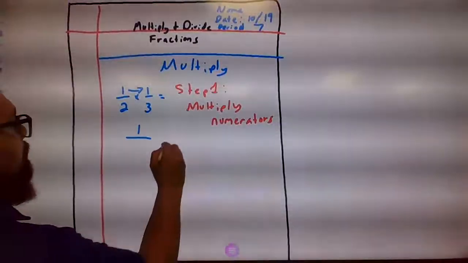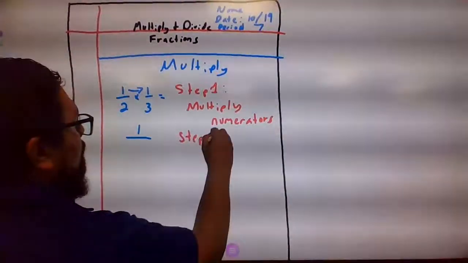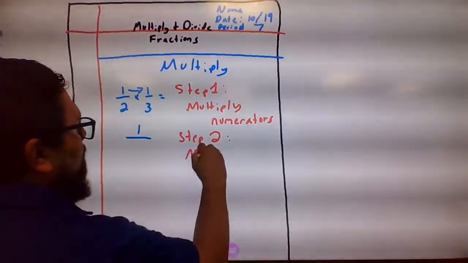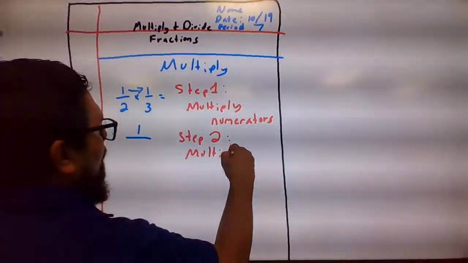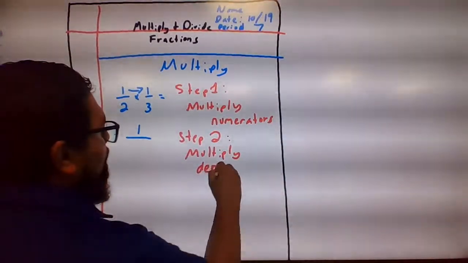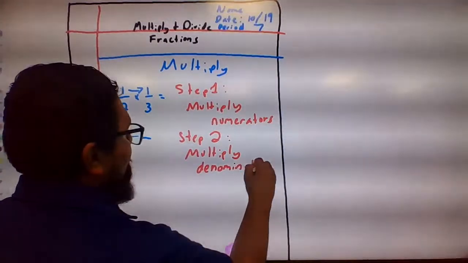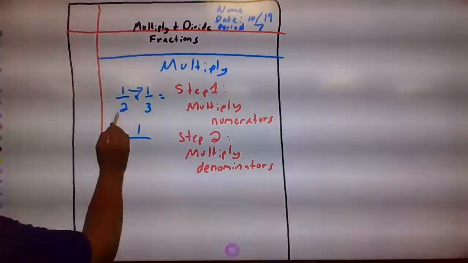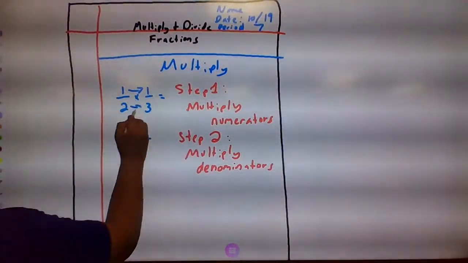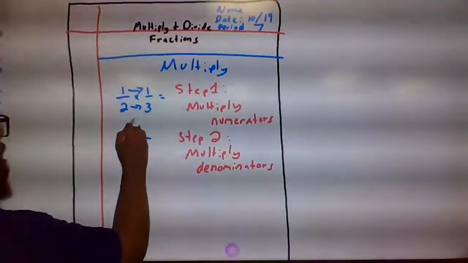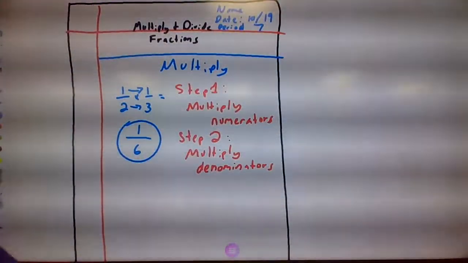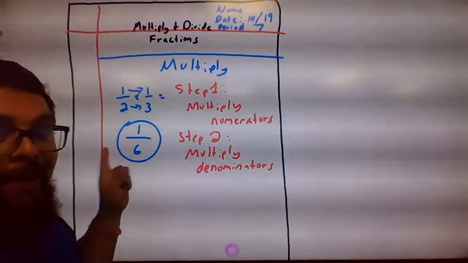Okay, and then step 2 is multiply the denominators, the numbers on the bottom. So 2 times 3, and this is 6. Now if you don't need to simplify, just leave it like that.